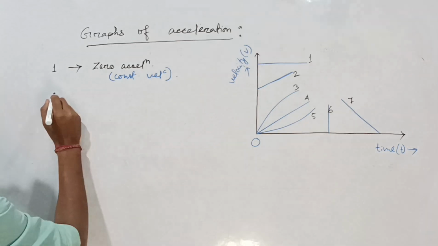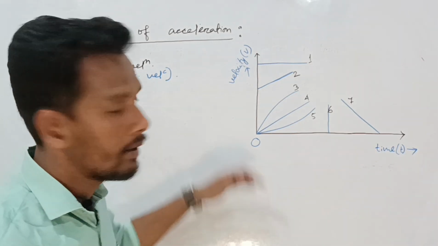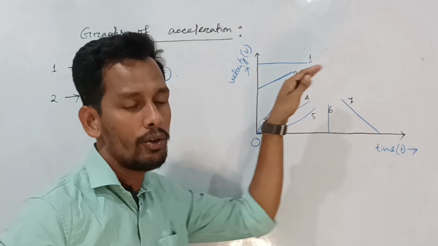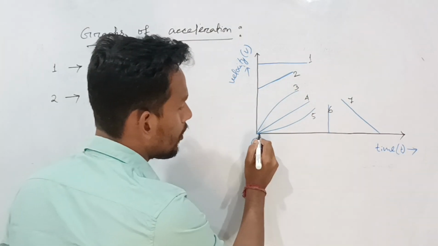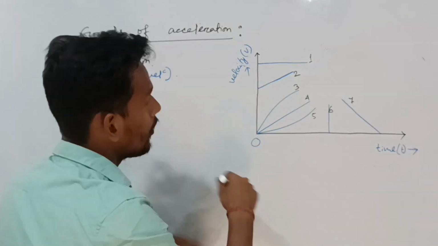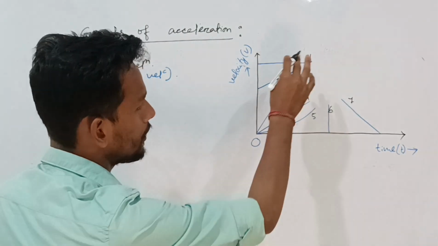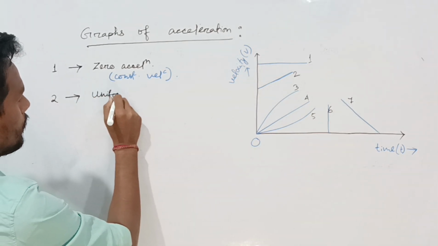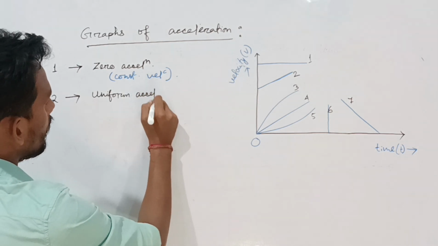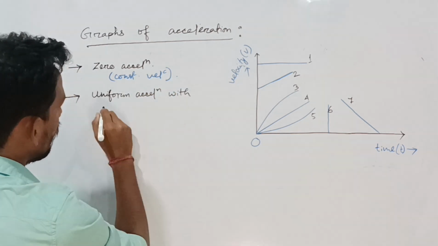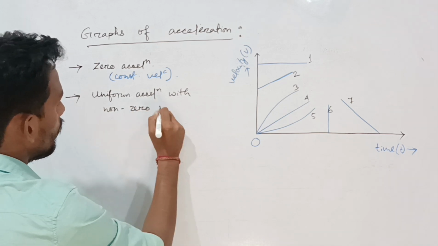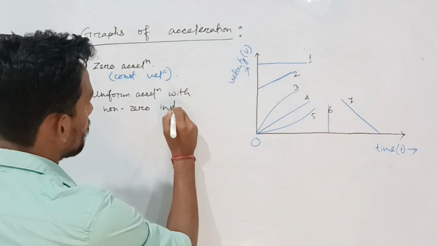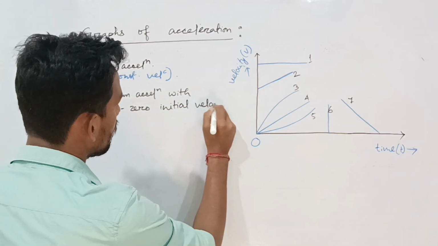Now the number 2 graph is uniform. It is going upwards, so it is accelerating, but it is not started from 0. That means initial velocity is not 0; already some velocity is there, and after that it is changing. So graph 2 is called uniform acceleration with non-zero initial velocity.